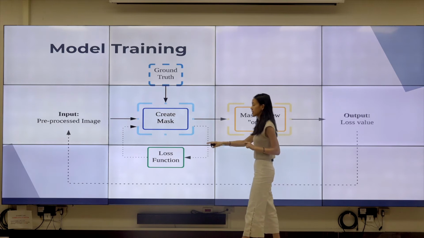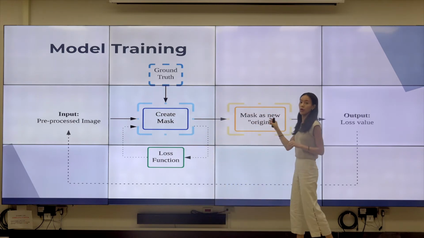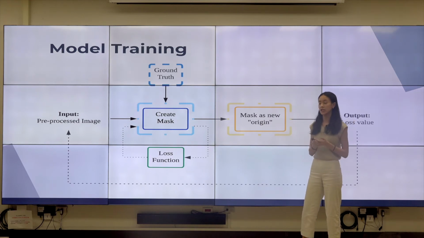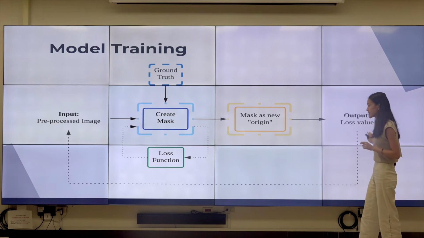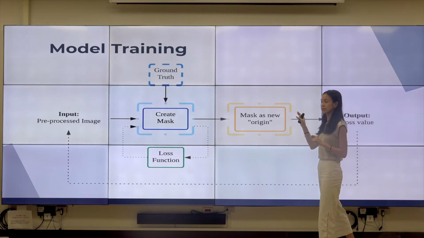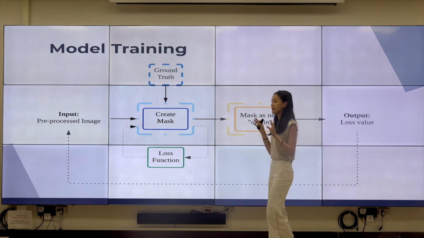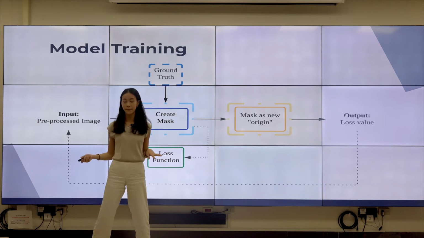And with the loss function, it would find a loss value and use that value to update the model. What usually happens is that this process keeps reiterating. So it's an iterative process that keeps going until the loss function is minimized. And that's when the model finishes training.